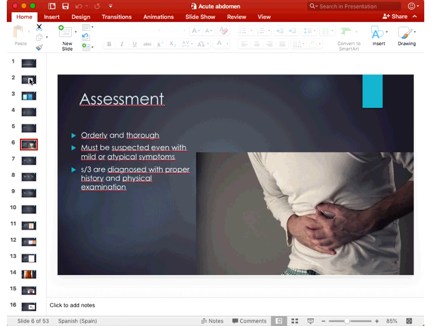You don't need to go any further into laboratories or radiological imaging to make a diagnosis. You can suspect it with just appropriate questioning and a thorough physical examination. And then, pop up, you have your diagnosis.